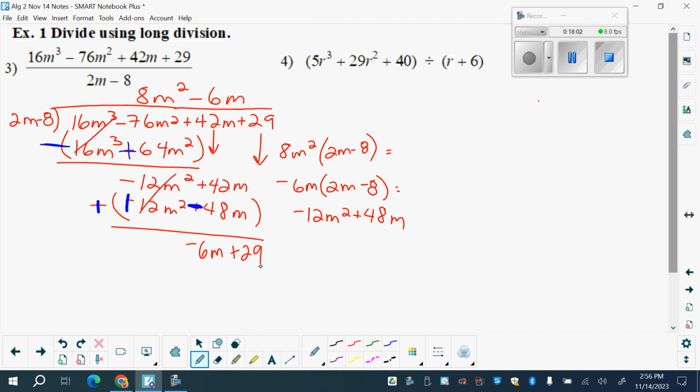And then, Ira, what do I multiply 2m by to get negative 6m? Good. So negative 3 times 2m minus 8. We're going to distribute. Negative 6m plus 24.